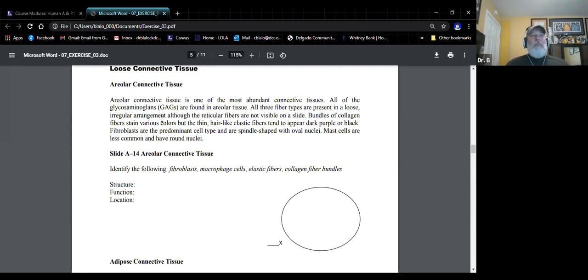And the way the extracellular matrix is arranged, we have a lot of space between the fibers, which allows things to pass through this tissue very easily. That's another reason why we use this in the basement membrane when we attach epithelial tissue, because it allows nutrients to diffuse very easily through it.